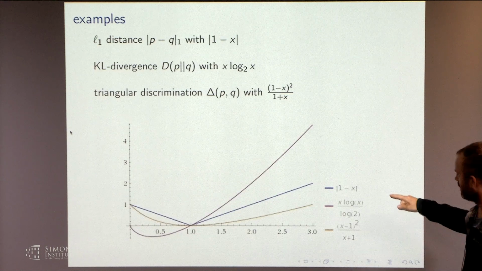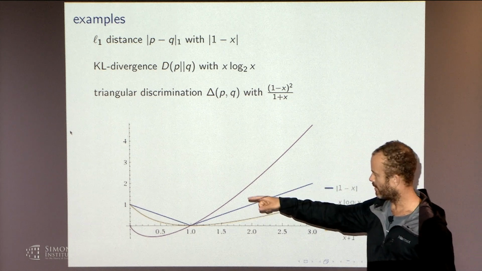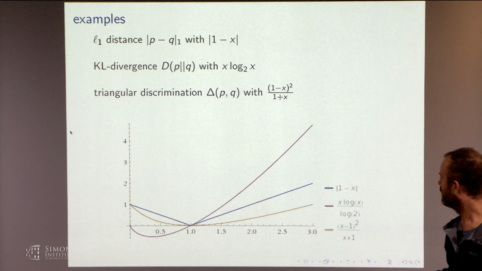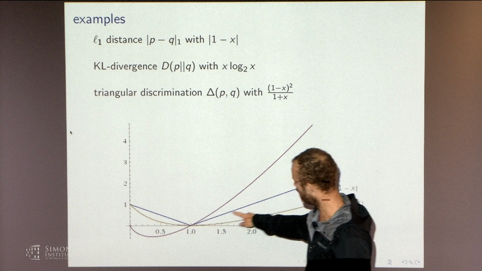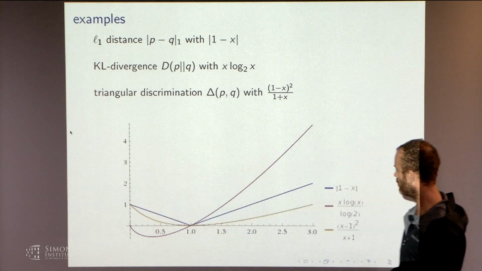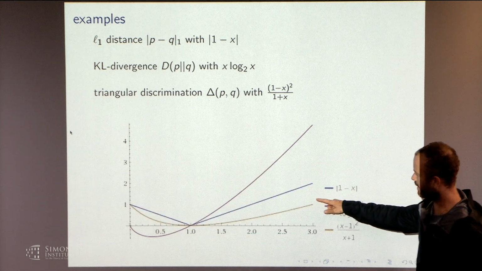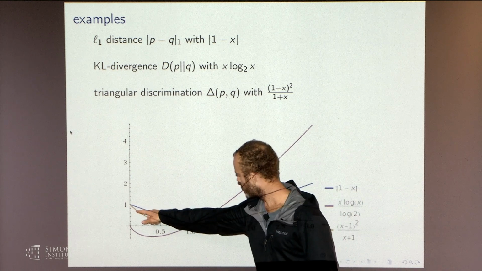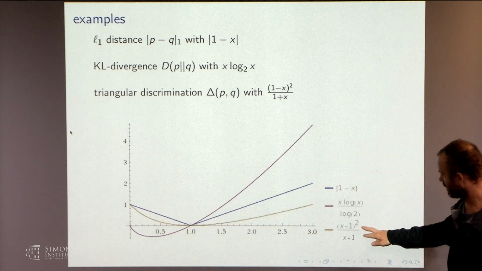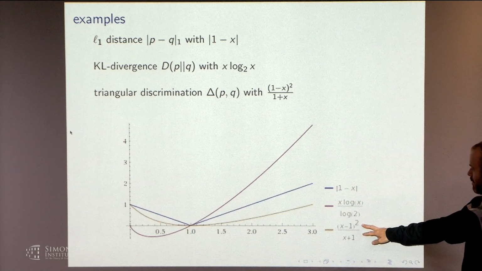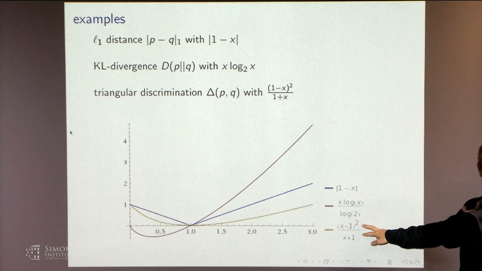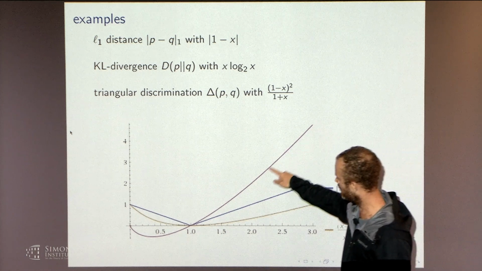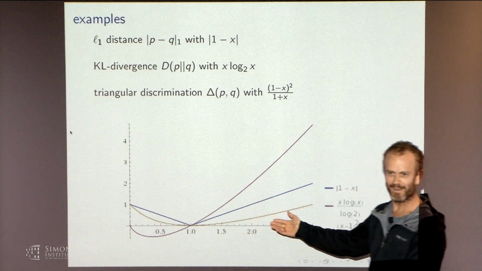Here there is a graph of 3 functions. There is the function 1 minus x with absolute value. There is the function x log x. And there is this function, x minus 1 squared over x plus 1. You can draw many other functions, right?